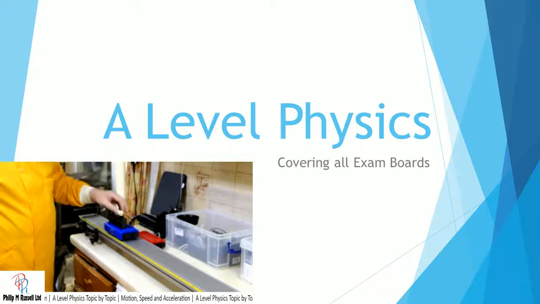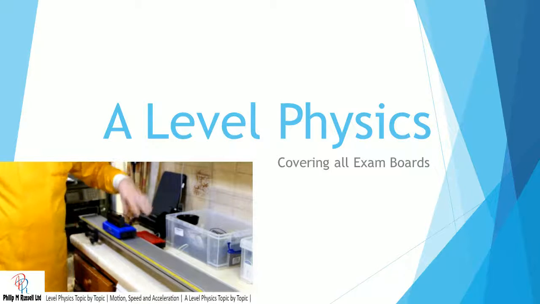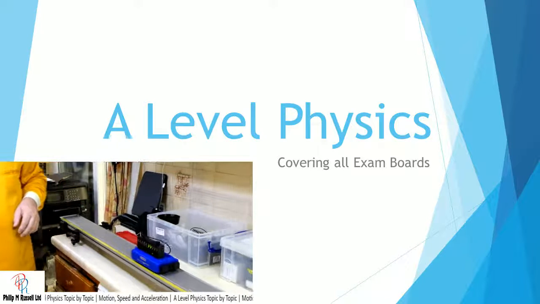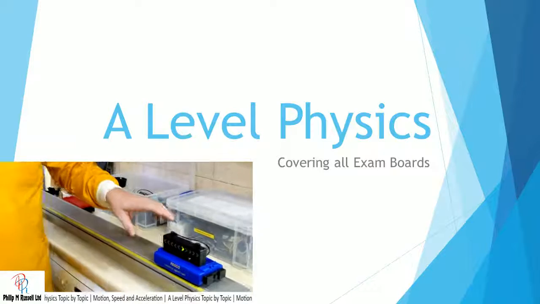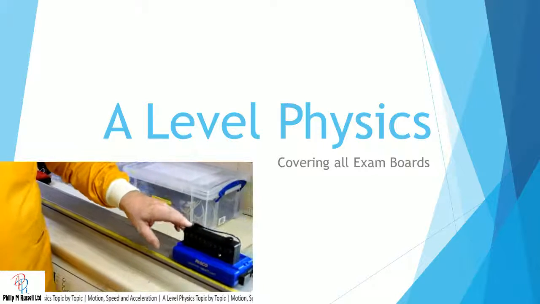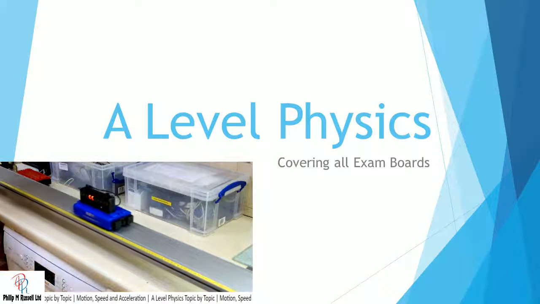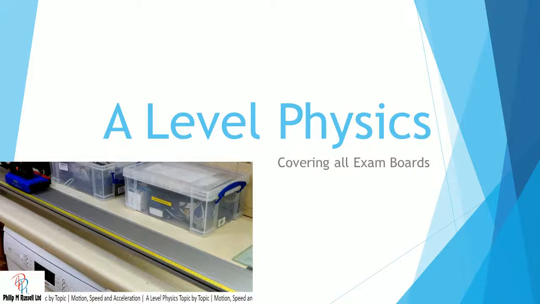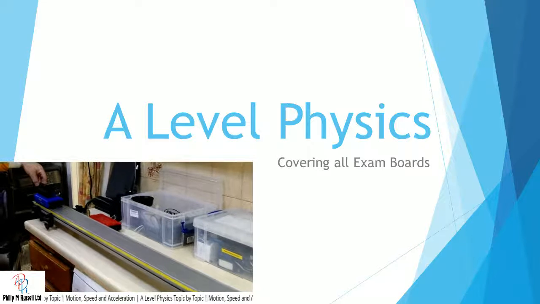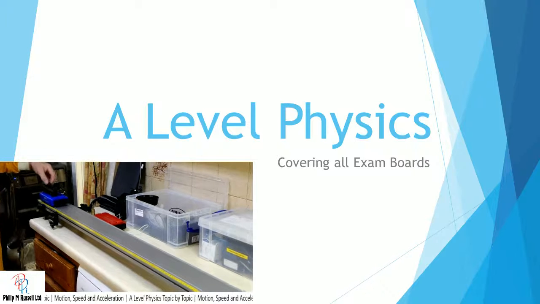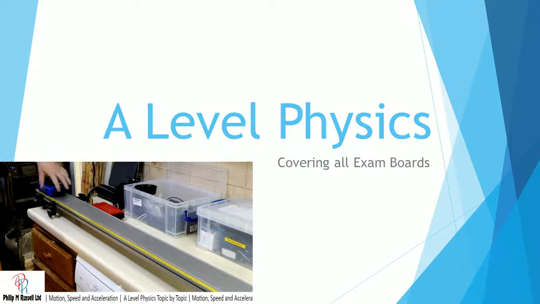Okay, we've got this basic idea. This cart is electronic, so it can send its data back to the computer, so we can measure time and distance and draw a graph. Let's see if we can set this up ready to go. I'm going to push this cart down from this end to the other end, where I've got some magnetic buffers.